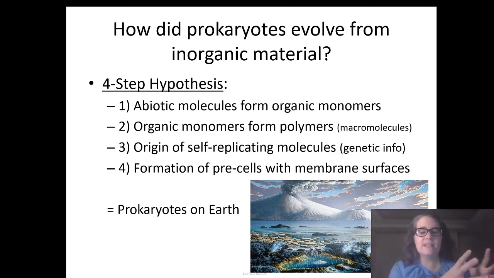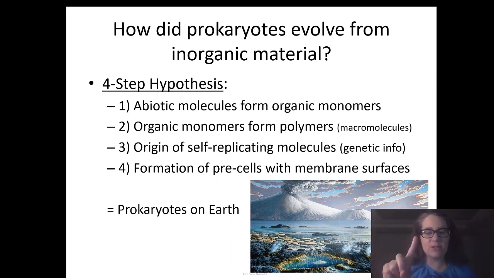A single unit might not be able to form sheets and helices and chains and complex structures. So step number 2 is taking those single units, those monomers, and building polymers, those more complicated sheets, maybe circular structures, those more complicated chains, sheets, helices that we see in our macromolecules.